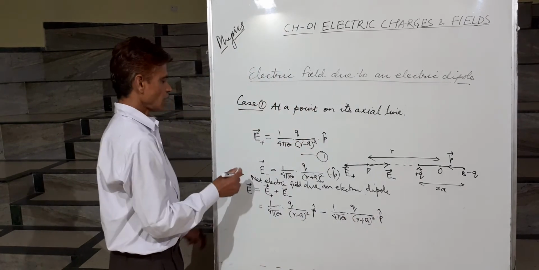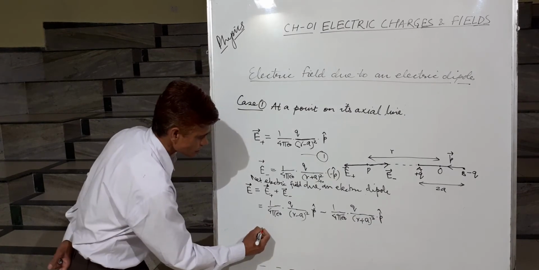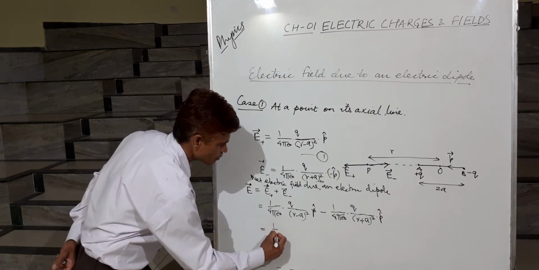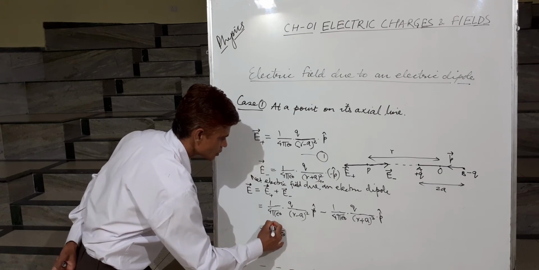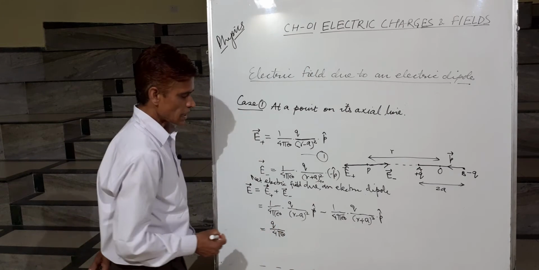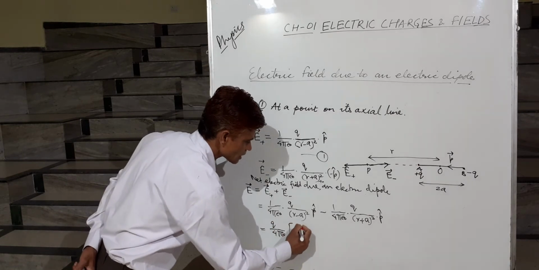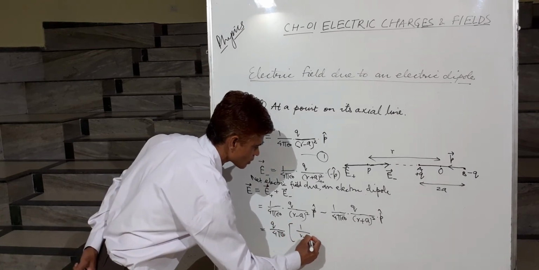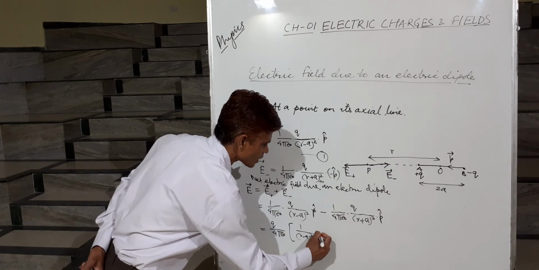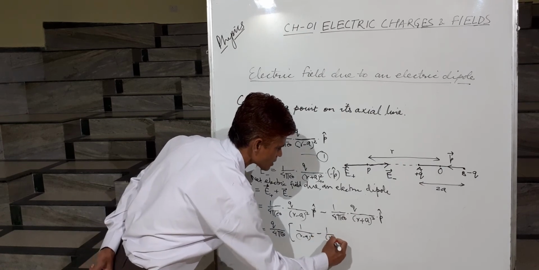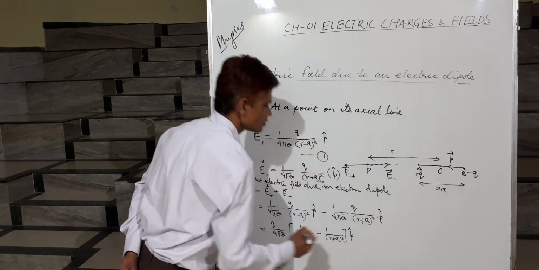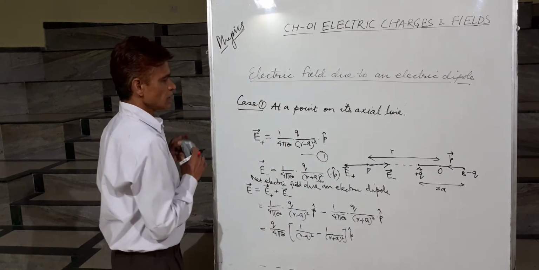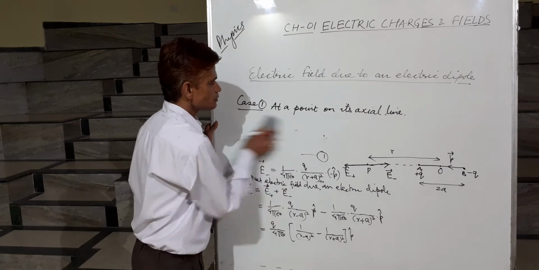Now let us take common 1 by 4 pi epsilon naught q. These are common, so we can take them outside, and inside the bracket we have 1 upon (r minus a) whole square minus 1 upon (r plus a) whole square, and outside it the unit vector p cap. Now let us solve this.